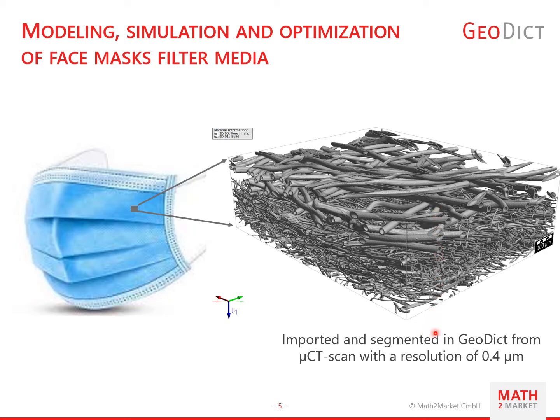In this case, the main filtration task, and of course the main part of the pressure loss, is due to the fine layer at the bottom. And of course, the optimization of this layer can mainly affect the filtration behavior of the whole mask.